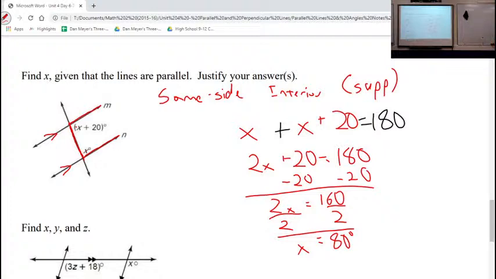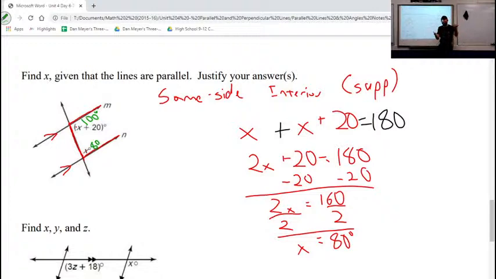And as always, if you want to plug in, you can double check your answer. And you can say x was 80. Well, that means this is 80. And then that means this is 80 and 20 is 100. Oh, wait, these aren't the same. Well, that's because they weren't supposed to be the same. That's not what we said.